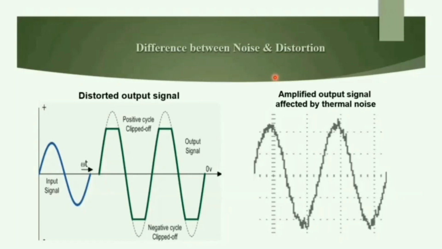Distortion is a change of the original signal, which means clipping of positive or negative or both the cycles. Whereas noise is an external random signal added to the original signal. I hope it is clear to you. Now let's move on to the next problem.